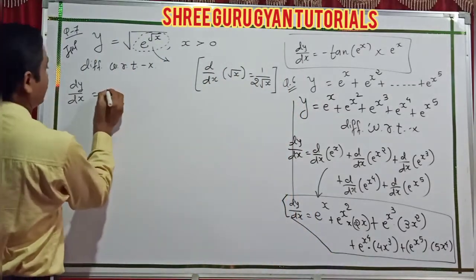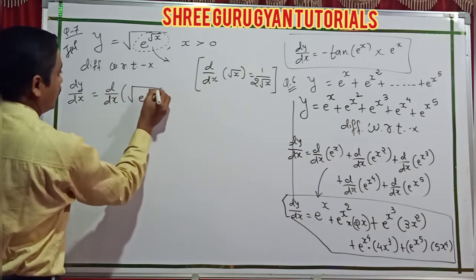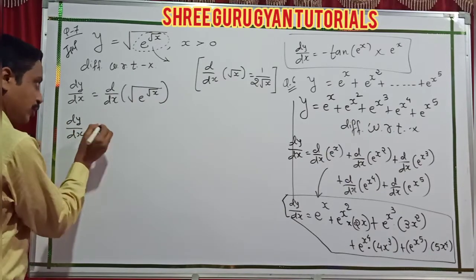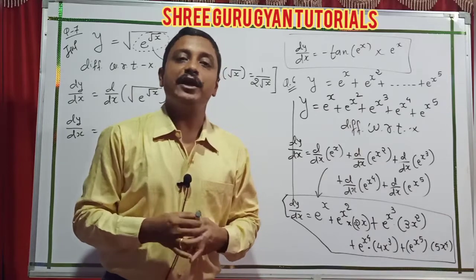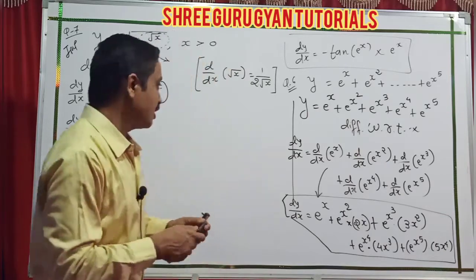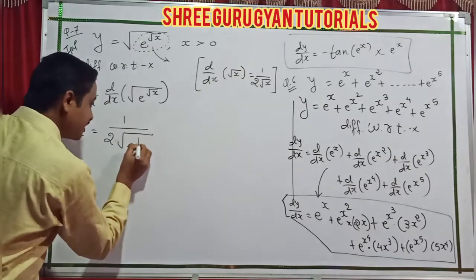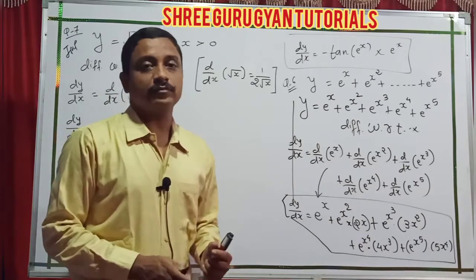Here d/dx of root of e raised to root x. Okay, one more time, repeat. What is d/dx of root x? 1 by 2 root x. So here also 1 by 2 root x is the same, and the others are as they are.